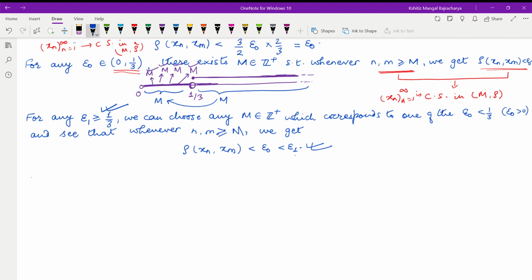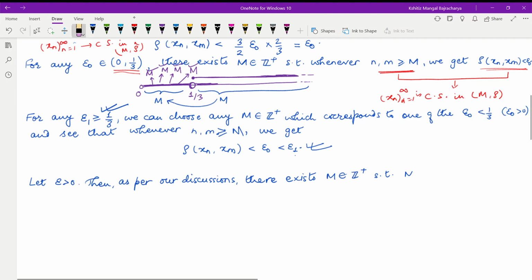So let's say let epsilon greater than 0, then as per our discussions, there exists m belonging to z plus such that n, m greater or equal to m gives rho xn xm to be less than epsilon.